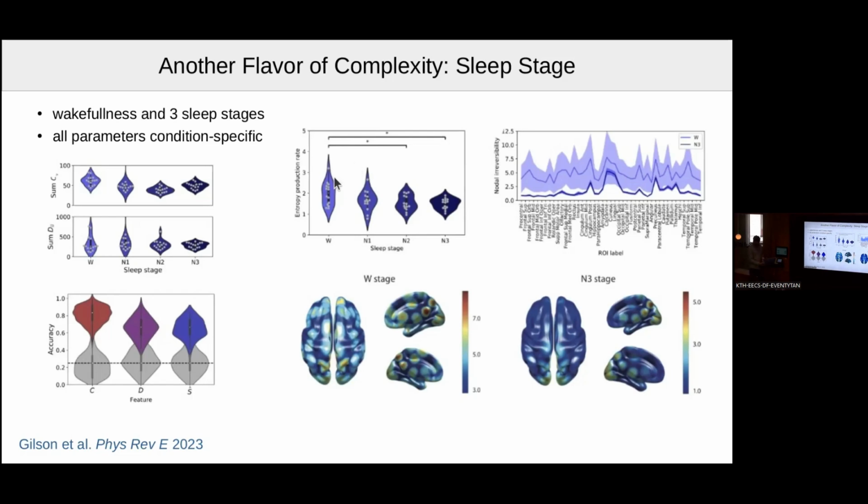When we look at the entropy production across the stages, we saw a kind of gradient between them. It's not strikingly changing, but we see that we've got more entropy production for the wake state compared to the deep sleep state.